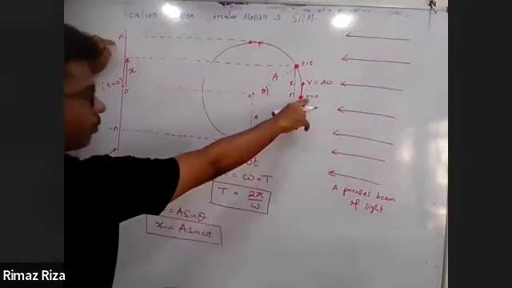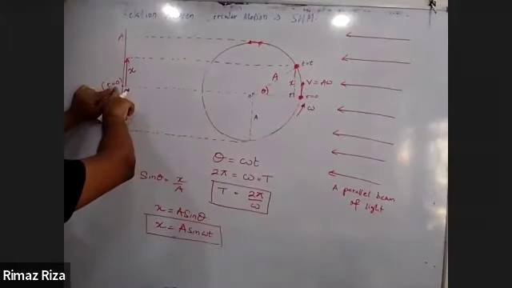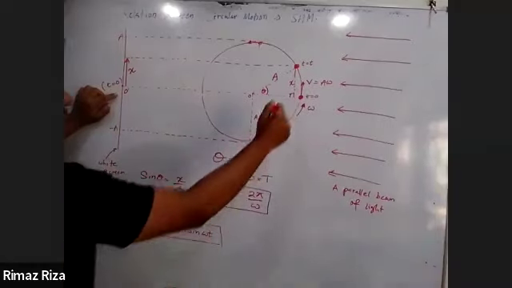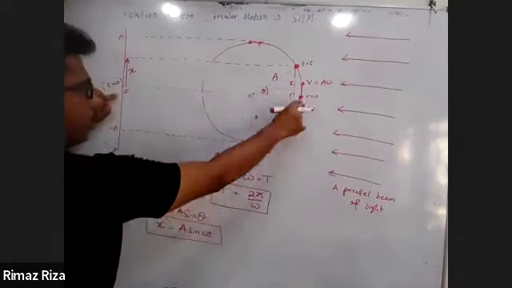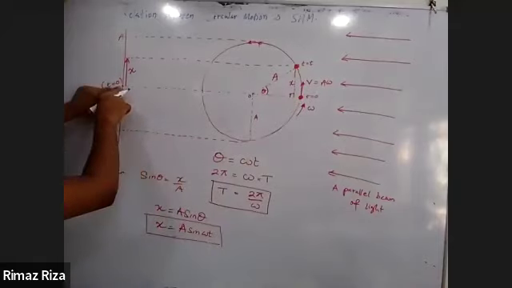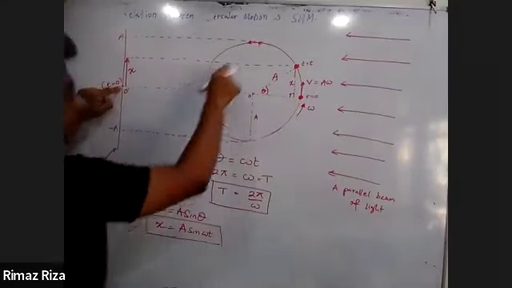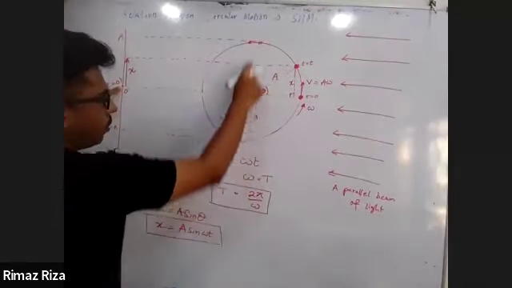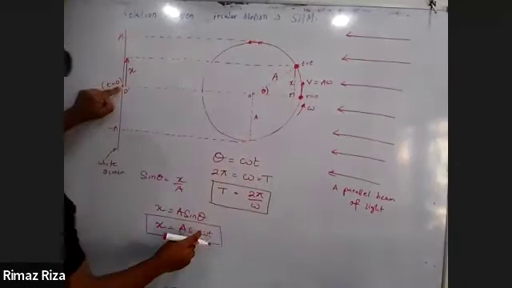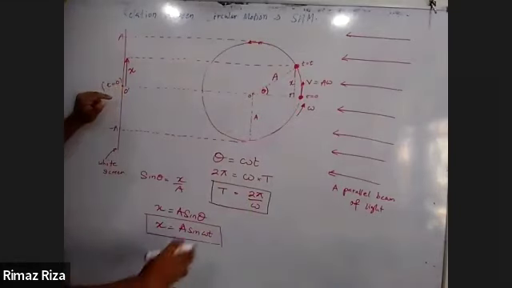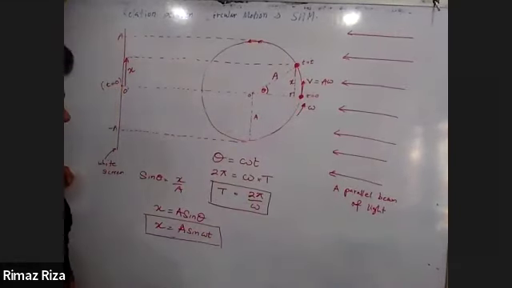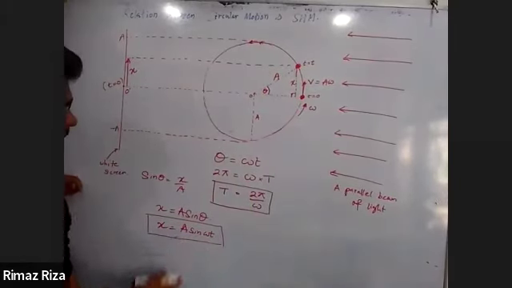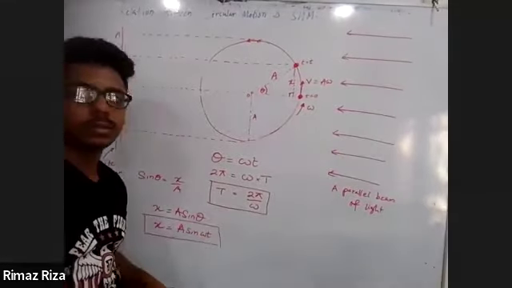If you measure the time from the center, x equals A sine omega t. But if you start to measure from either of these extreme positions, then the formula changes to A cos omega t. I will explain how, but for the moment, you should know that x is given by A sine omega t.